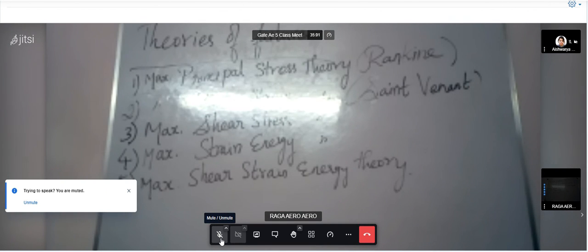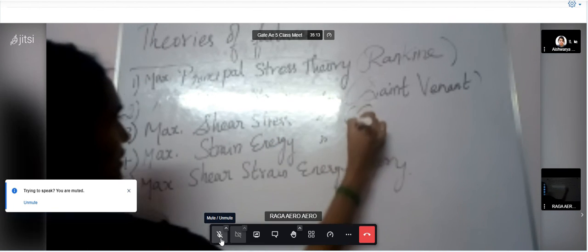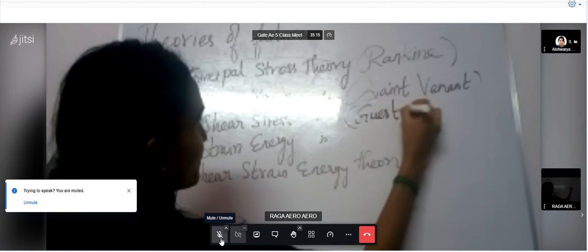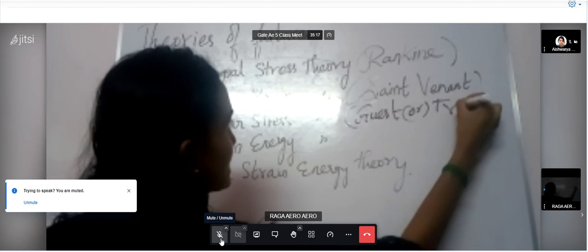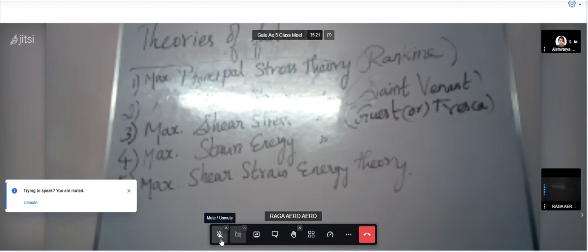The first is Rankine theory, the second is Saint-Venant theory. The third, maximum shear stress theory, can also be written as Guest or Tresca theory.